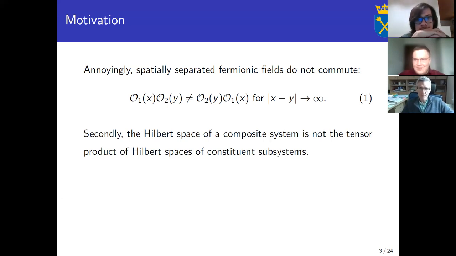Another aspect of the same phenomenon is that the Hilbert space of a composite system is not the tensor product of Hilbert spaces of constituent subsystems. It is something called a graded tensor product, but these are sometimes more complicated.